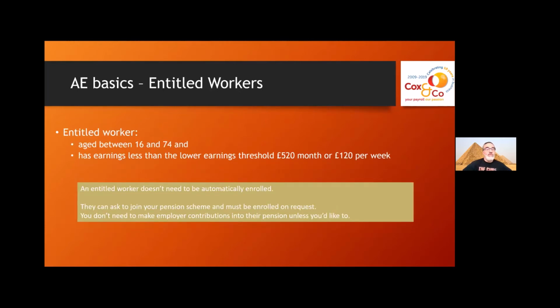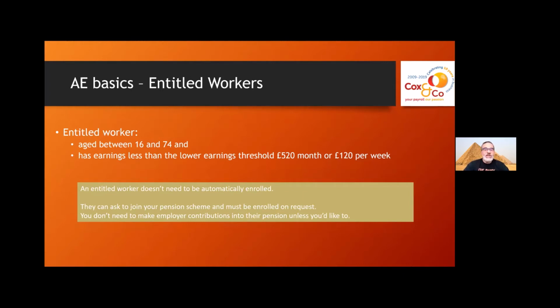The third category of worker is an entitled worker, and he's basically everyone else. So aged between 16 and 74 and has earnings less than the lower earnings threshold of £520 per month or £120 per week. So he is, as I say, an entitled worker. He's not entitled to anything.